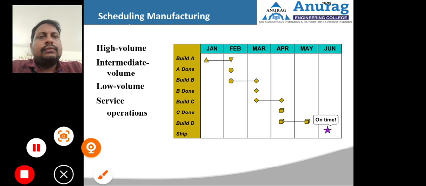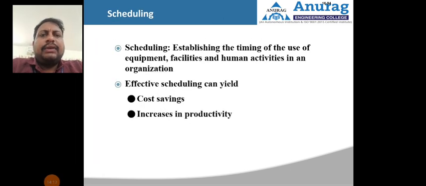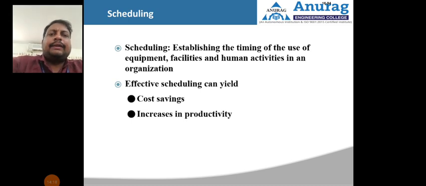Then we minimize the time of starting and completing. So scheduling mainly focuses on the time element.